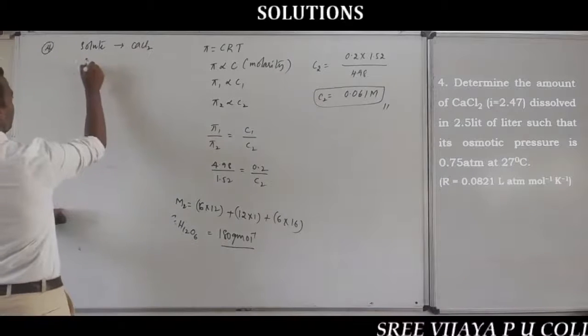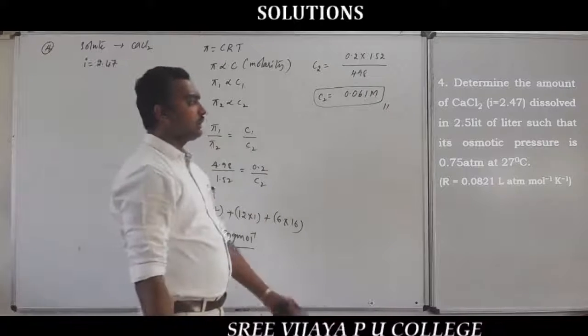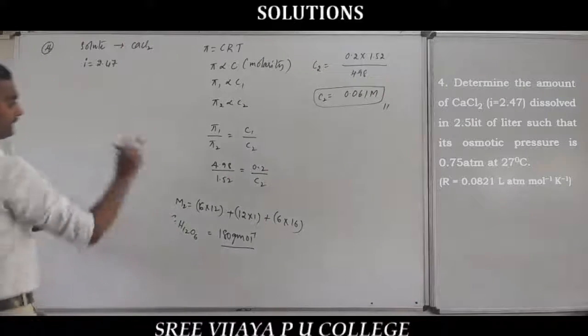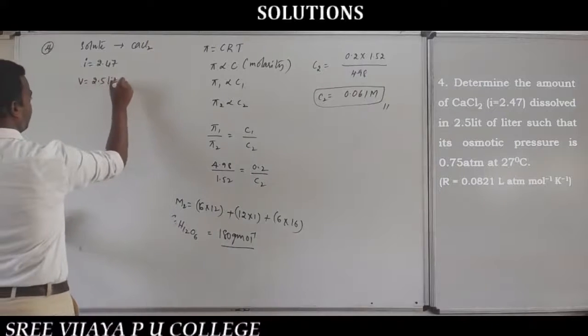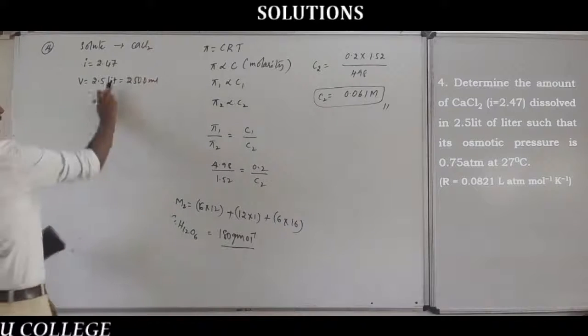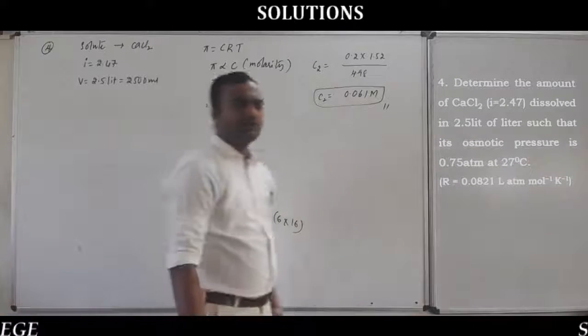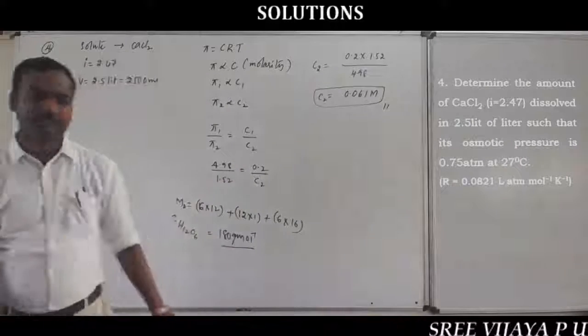The i is equal to 2.47, that is the Van't Hoff factor. Dissolved in 2.5 liter of solution, so the volume of solution is equal to 2.5 liter, that is 2500 ml. Remember, 1 liter is equal to 1000 ml, so 2.5 into 1000 ml gives 2500 ml.